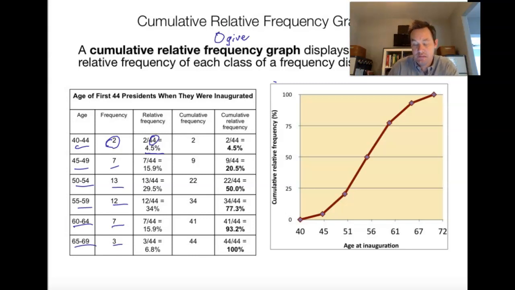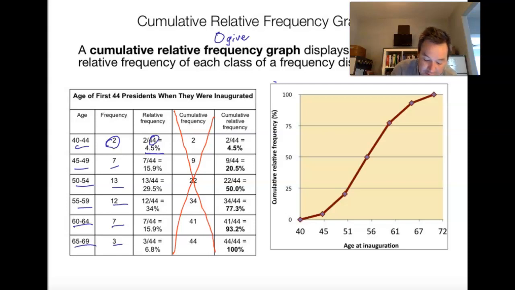All right. Cumulative frequency is kind of unnecessary. You don't need this column. But cumulative relative frequency is what we want. To compute it, we state the percent that fall within that class or lower.